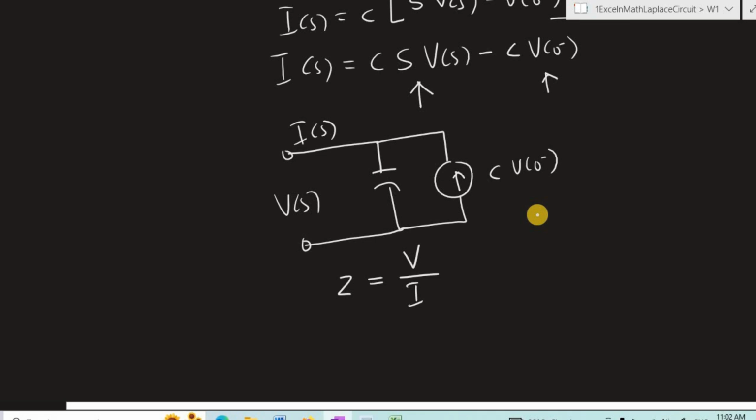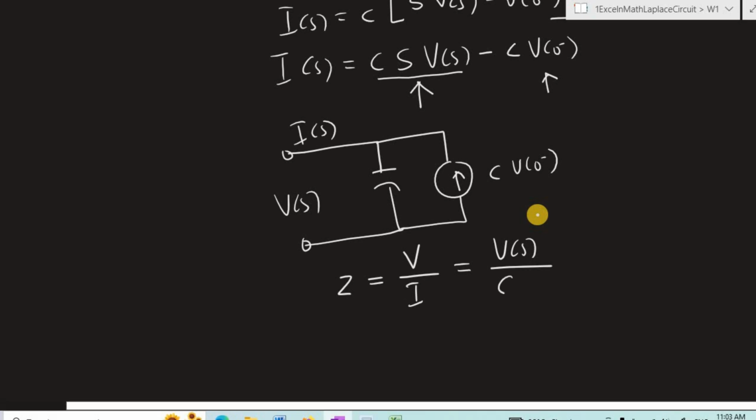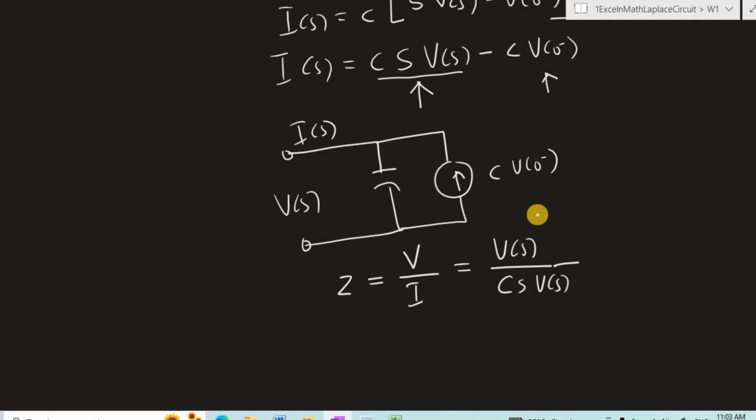The voltage across the capacitor is V of S. This is our capacitor, and it is connected in parallel with V of S. Therefore, the voltage across it is V of S. And the current flowing through the capacitor is this term here, so C is V of S. Now V of S in the numerator and the denominator cancel out, leaving us with 1 over Cs.